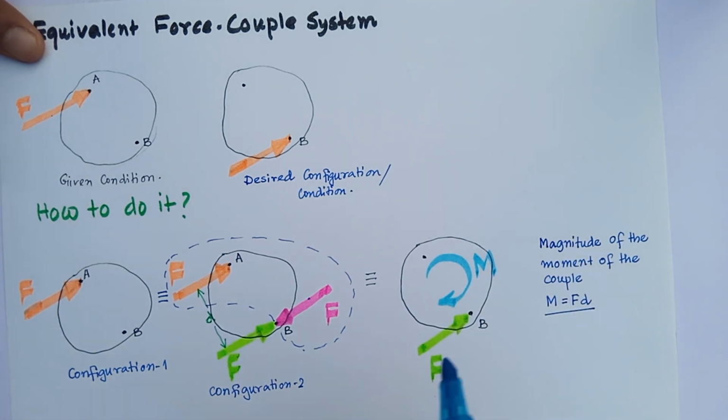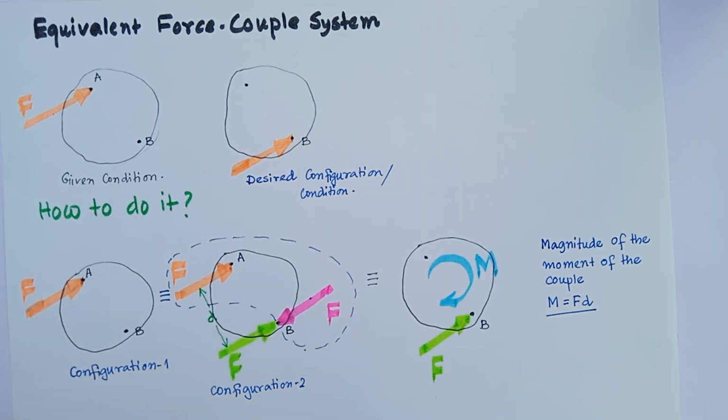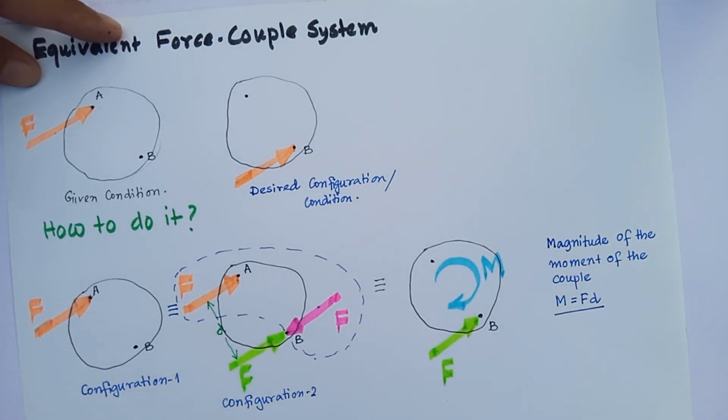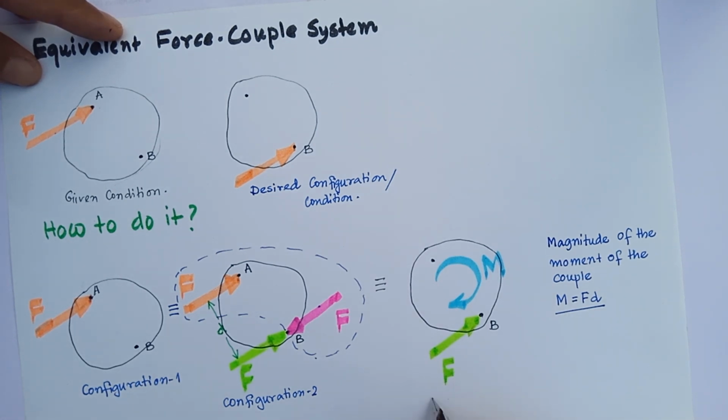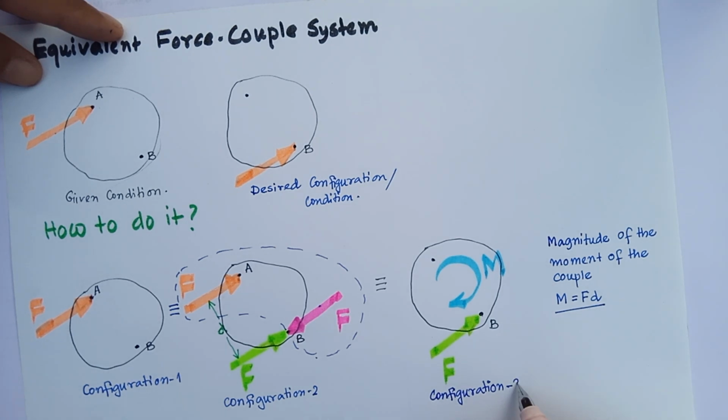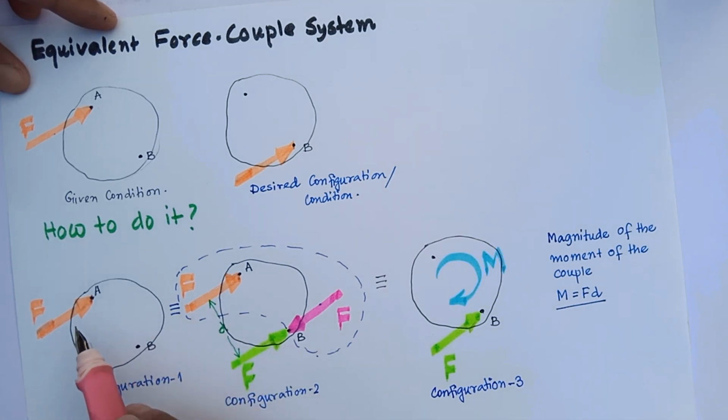Therefore, configuration 3 is equivalent to configuration 2, which is equivalent to configuration 1.